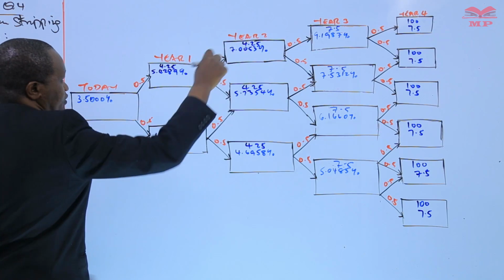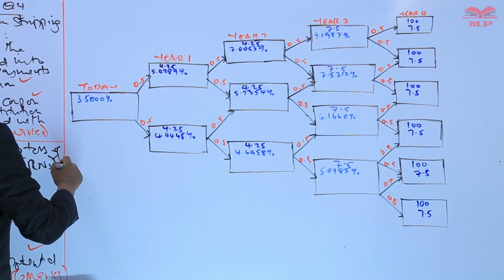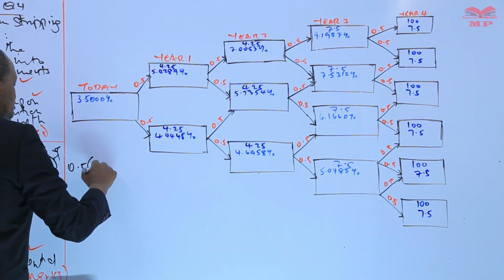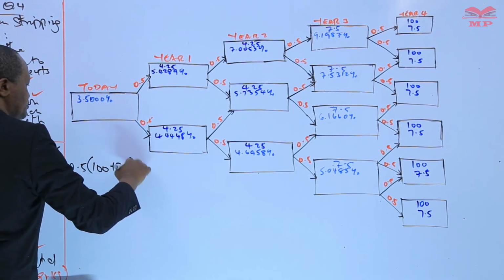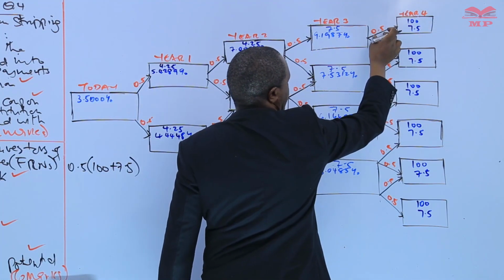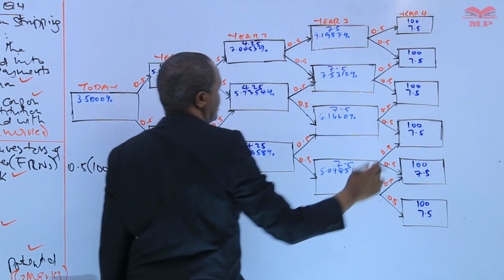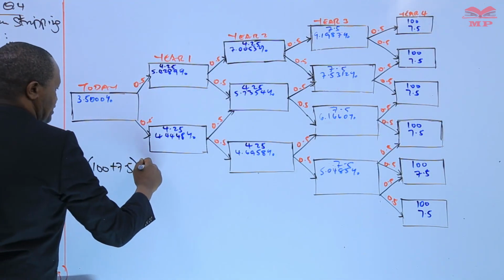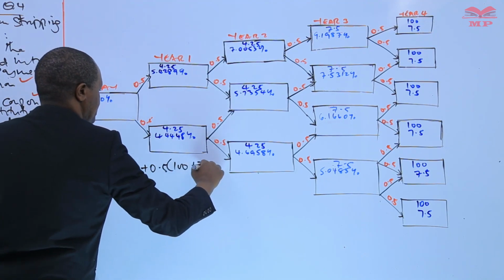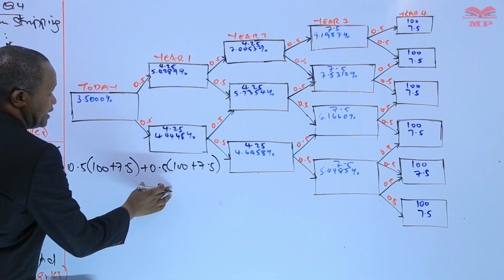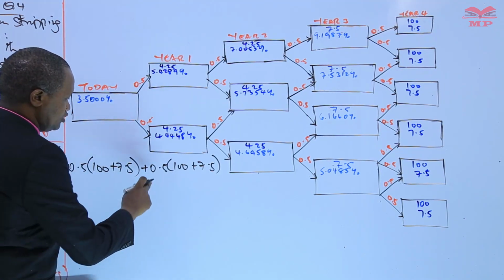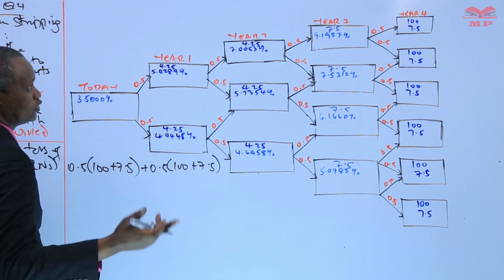The first node there, we'll take 0.5 times 100 plus 7.5, plus 0.5 times 100 plus 7.5. We get the sum. These are two probabilities which must add to 1. 0.5 plus 0.5 is equal to 1.